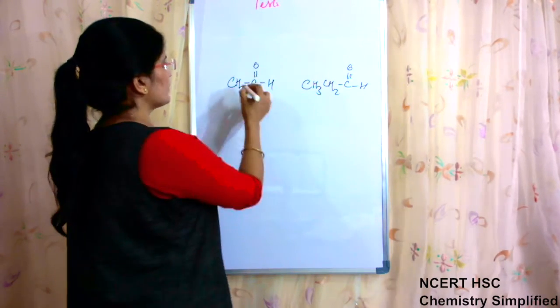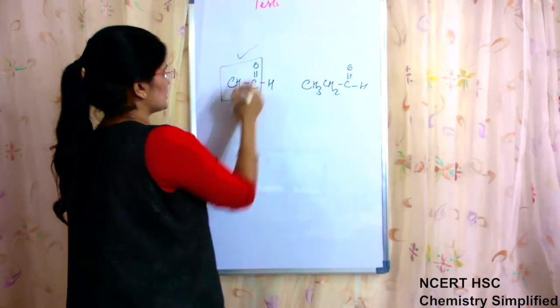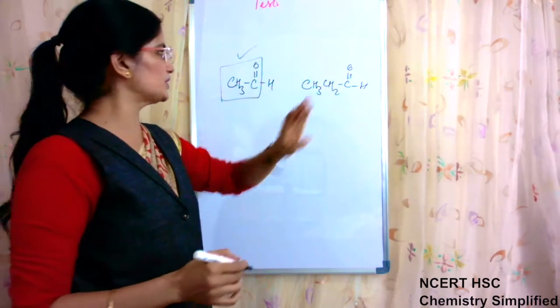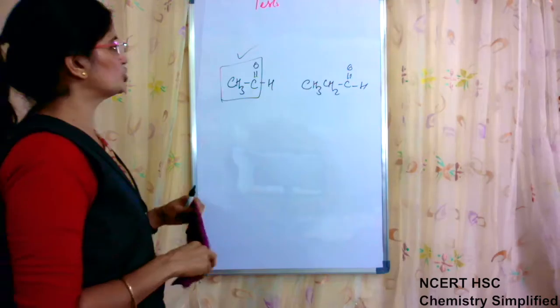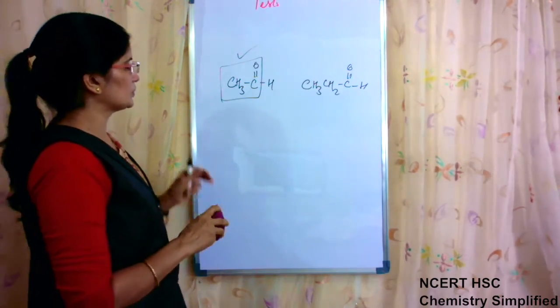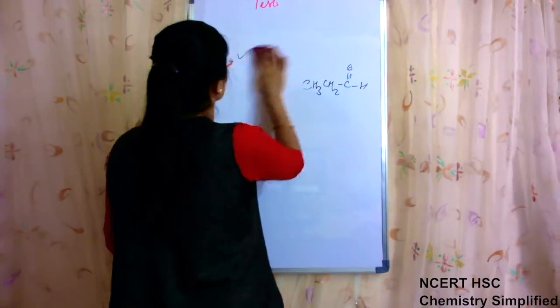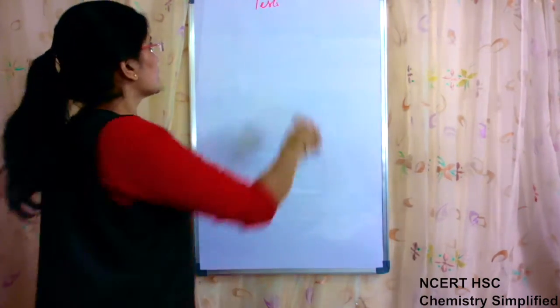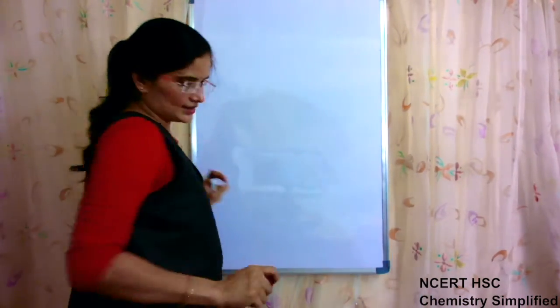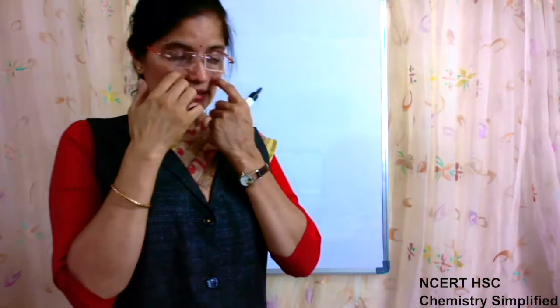We can only judge them with the help of the methyl ketone test. So this one is a methyl ketone, and that one is not, so the iodoform test can be used to distinguish. Okay. So these are some tests of this chapter. They will all revolve around the few which we have discussed.